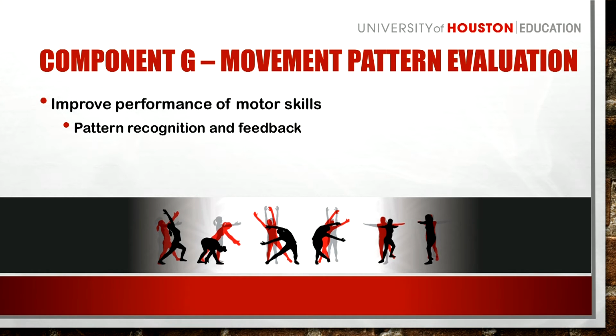Improvements in performance of motor skills requires pattern recognition and feedback from both the student and the teacher. The student as they become more aware and accustomed to the skills, and then the teacher as you recognize current student levels and then facilitate opportunities for students to continue and maintain that development or enhance, again, that development.